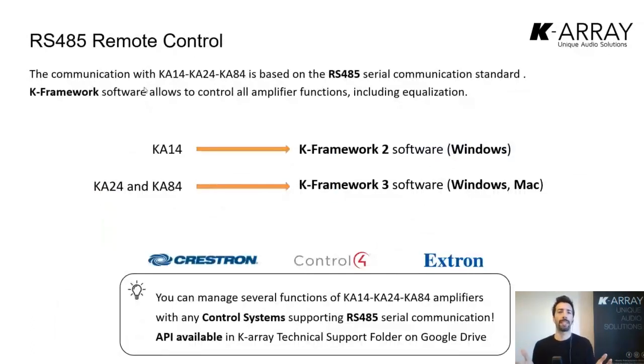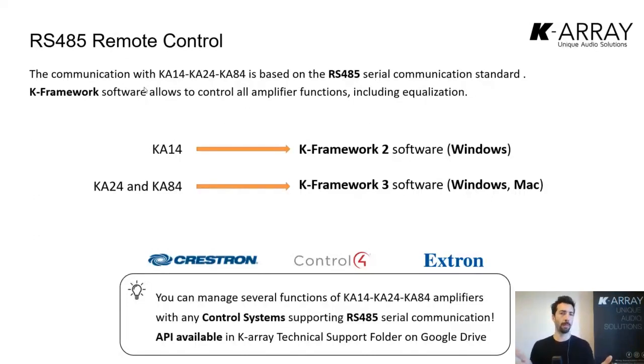As I told you, most of the time you are going to connect a computer to the amplifiers for a more complete configuration. The communication between a computer or any other kind of control system, like a Crestron, a Control4, an Extron, any kind of control system you want to use, the communication with the amplifier is over the RS485 protocol.